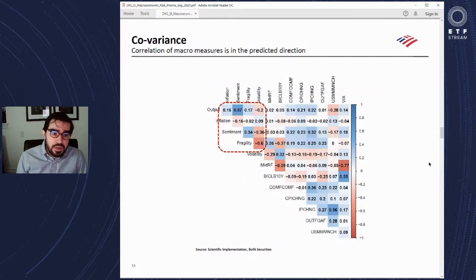Now here, you can see what the correlation is among the measures that we have constructed and a set of macroeconomic variables. One can see that the correlation among the variables that we have constructed is not very high. The highest it gets is 0.6 for fragility and volatility, and that's due to the risk and behavior of those measures.